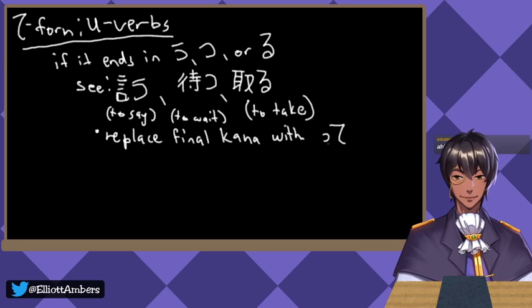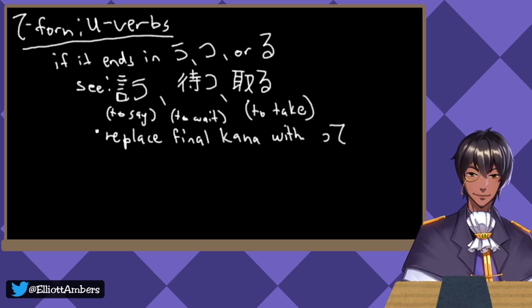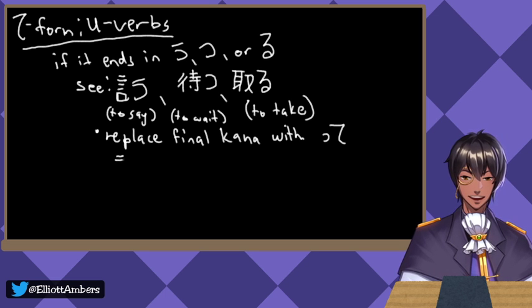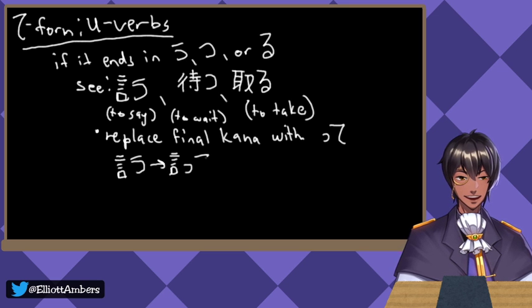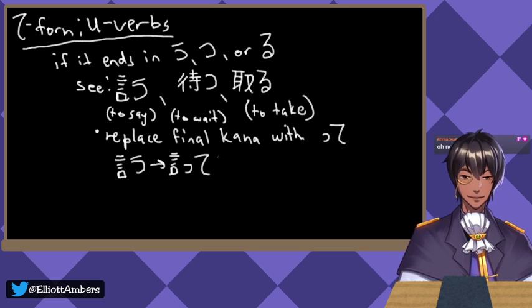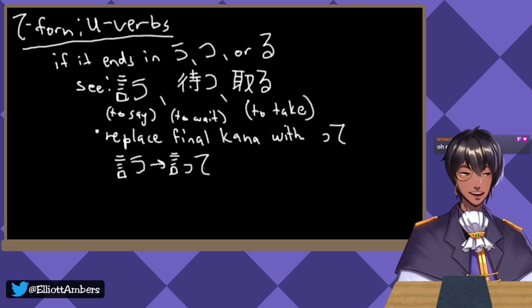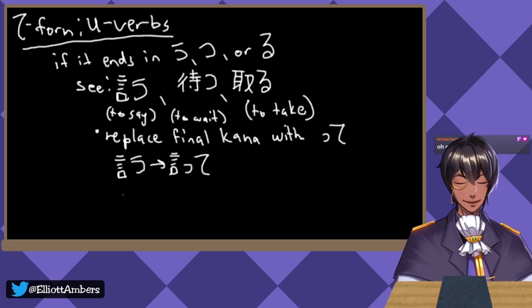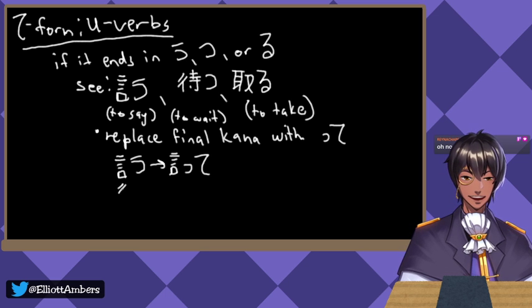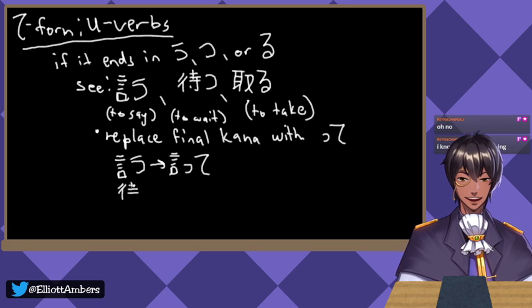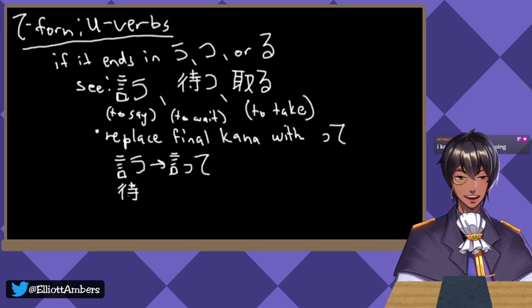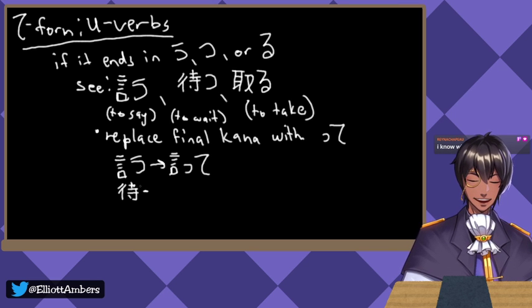So, if we take this rule here, iu, to speak, turns into one of my favorite songs, itte. So, to speak becomes itte, or please speak. No, I'm not actually going to sing Yorushika's hit song, Itte. That's not where this is going.